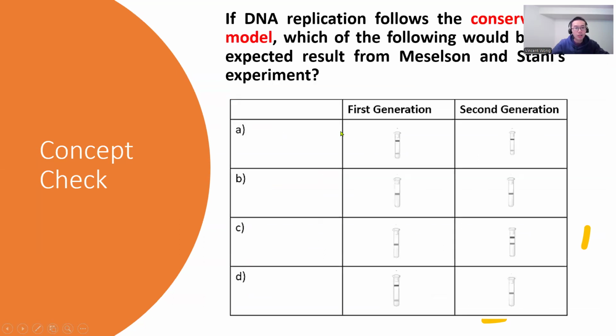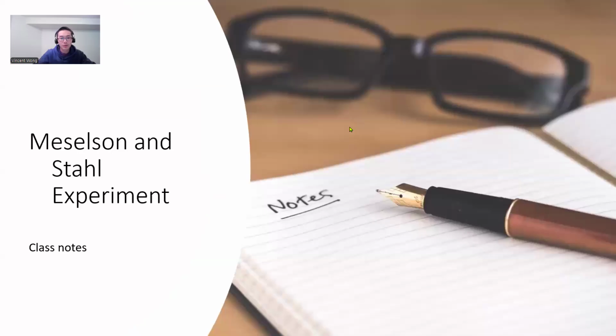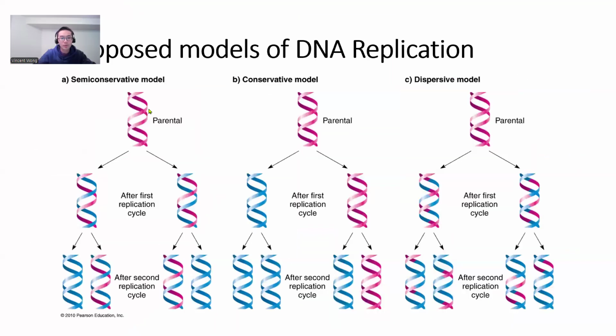Okay, next question. I'll just do this one with you. If DNA replication follows the conservative model, which of the following would be the expected result from Meselson and Stahl's experiment? Okay, so I'm going to go back here to show you the various models.